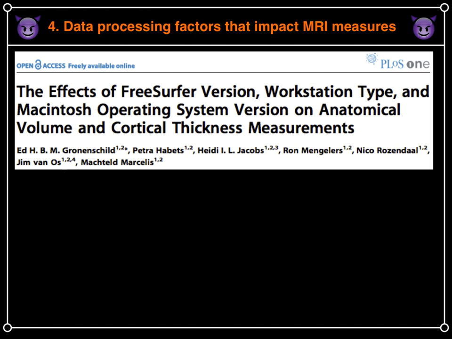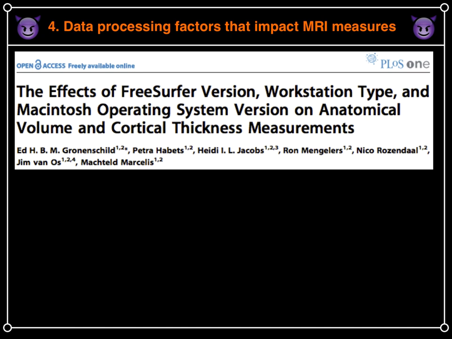The other thing you probably need to know about is that even the version of software matters. This is a paper that came out in PLOS One where they looked at different versions of FreeSurfer, the workstation type, and the operating system. You're using the same data, but you're processing it using different versions of software, and it can produce significant differences.